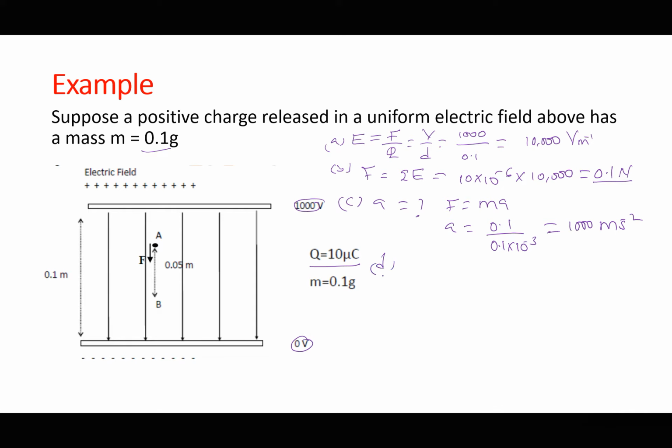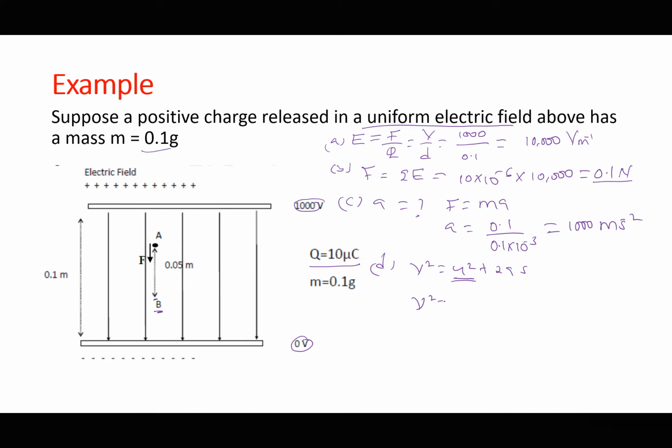So that is my part D. I may want the velocity at point B. Here at rest, initial velocity is 0. So I borrow the equations of motion because it is a uniform field. Electric field strength is constant, the force is constant, the acceleration is constant. So using V squared equals U squared plus 2AS. This part becomes 0 because it was released from rest.